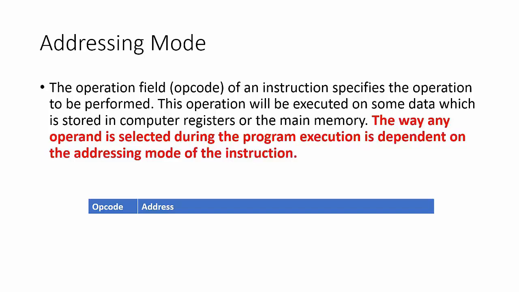The way an operand is selected during program execution depends on the addressing mode of the instruction. It means that addressing mode represents the way of fetching the operands from the main memory or from the registers. Is it clear? Okay.